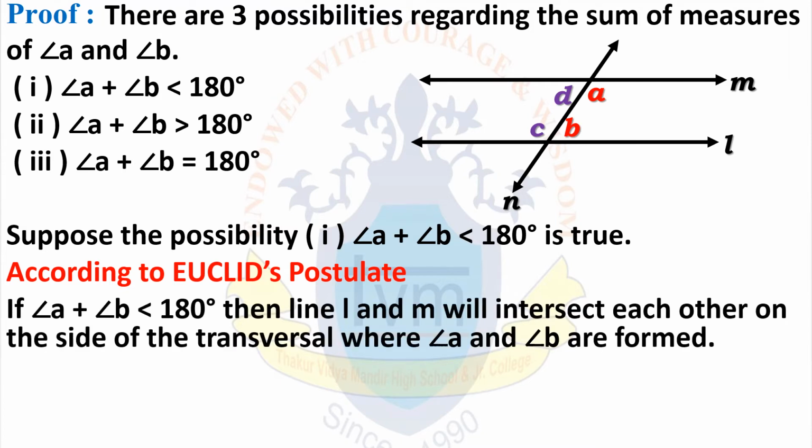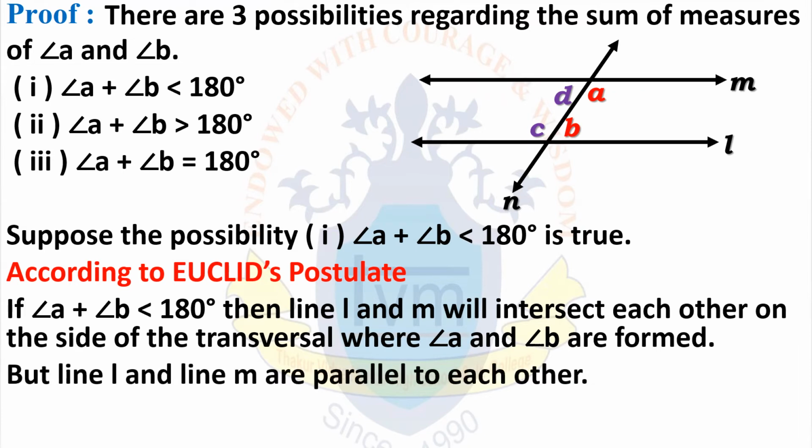If angle A plus angle B is less than 180 degrees, then line L and line M will intersect each other, on the side of the transversal where angle A and angle B are formed.